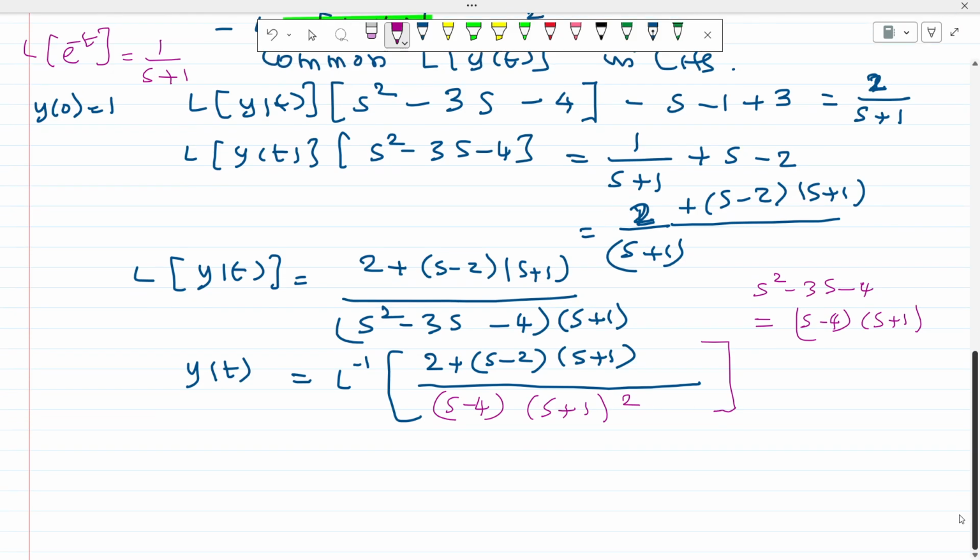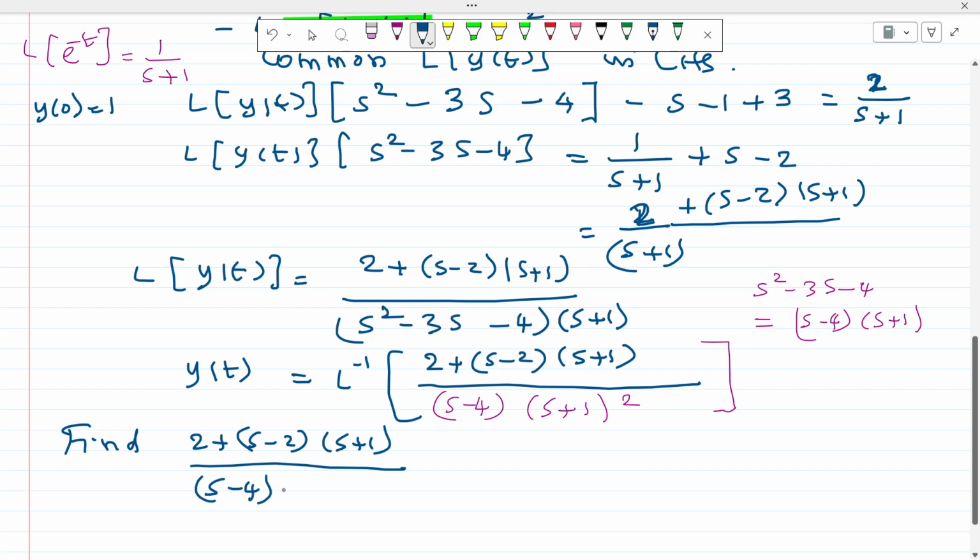Now find the value of 2 plus (s minus 2)(s plus 1) divided by (s minus 4) into (s plus 1) whole square.